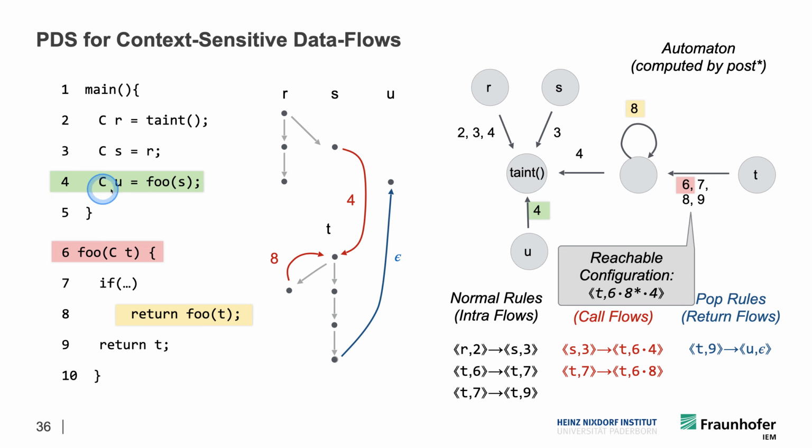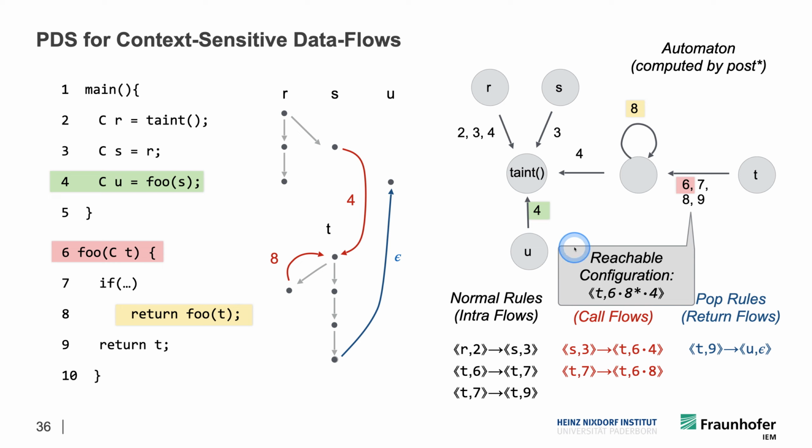So we have the call to foo, which then goes to line 6, but then also we have the recursive call to foo down here. And so this means the tainted value could flow all the way here, through statement 4, through statement 6, through statement 8, maybe again through statement 6, and so on.